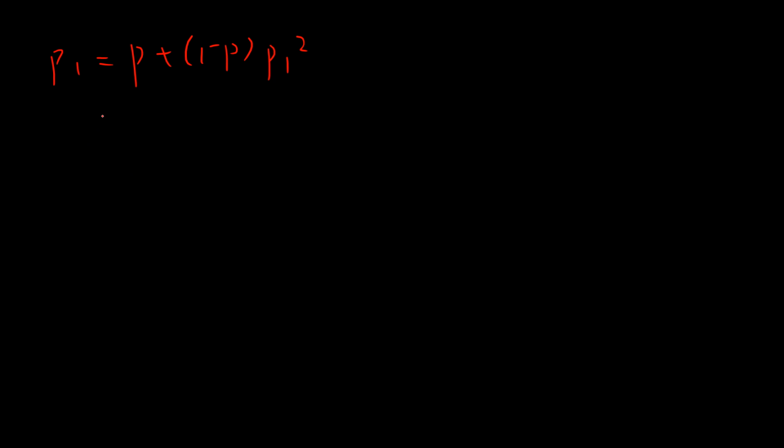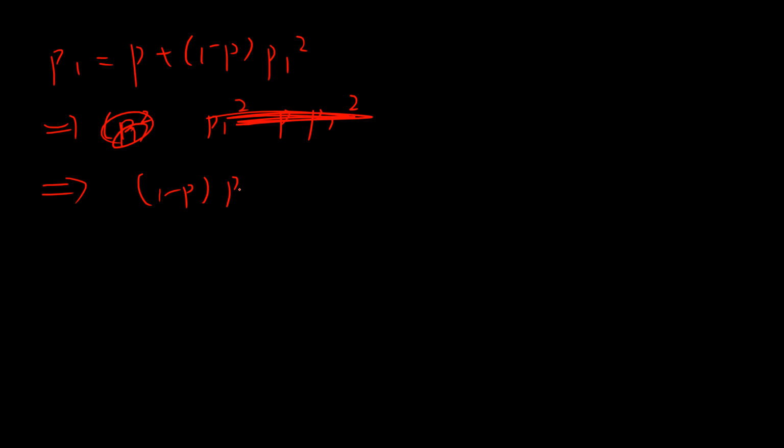Okay, so we can solve for p1. Let me solve it. So this is p1 squared minus p1 plus (1 minus p) equals 0. Okay, I should write it like this. And we use minus b plus or minus the square root of b squared minus 4ac, divided by 2a.